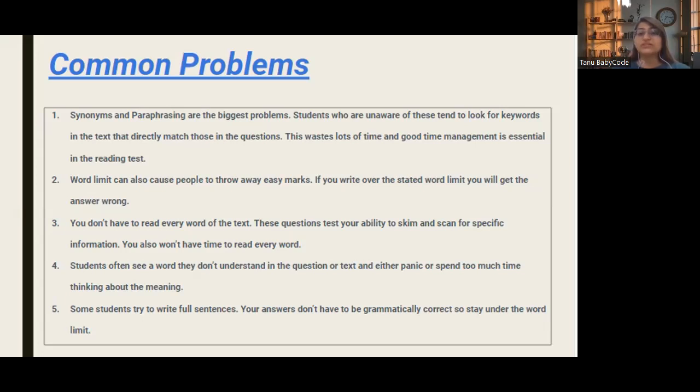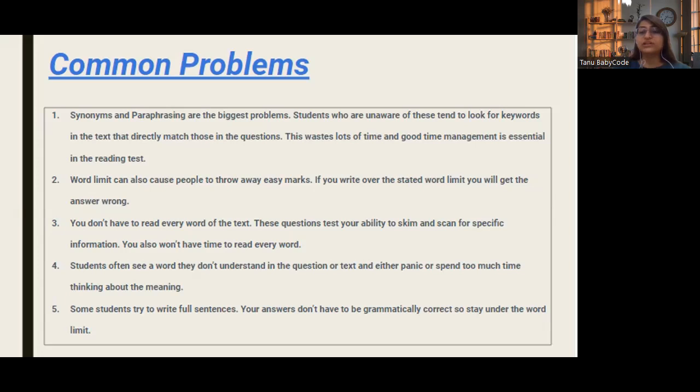They only look for keywords in the text that directly match their questions, and in this situation they waste a lot of their time, are not able to find their answers and get stuck on different questions, right? Good time management is very essential in your reading test, because you have only 60 minutes to find the answers for the 40 questions.